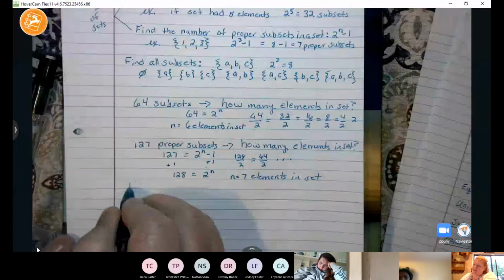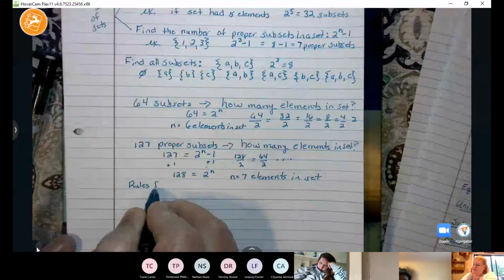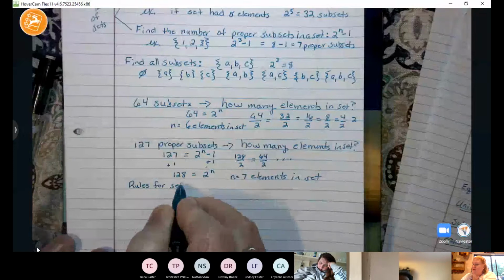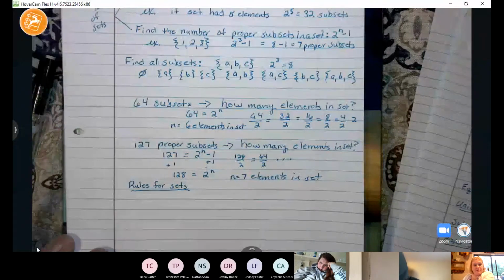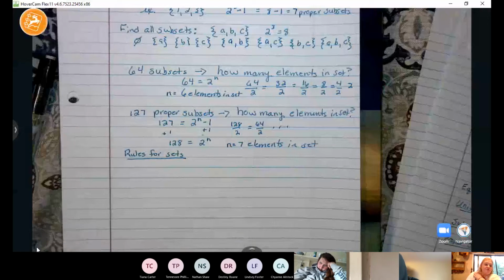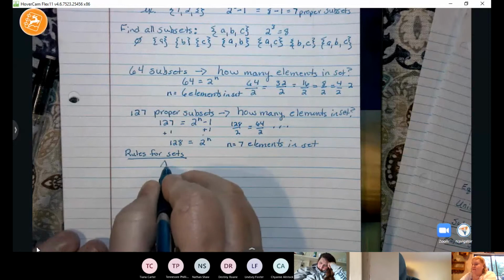All right, let's just summarize with some rules for sets to be sure. We've kind of gone over them, but I want to be sure that you know to follow these rules when you're using sets. We talked about this.